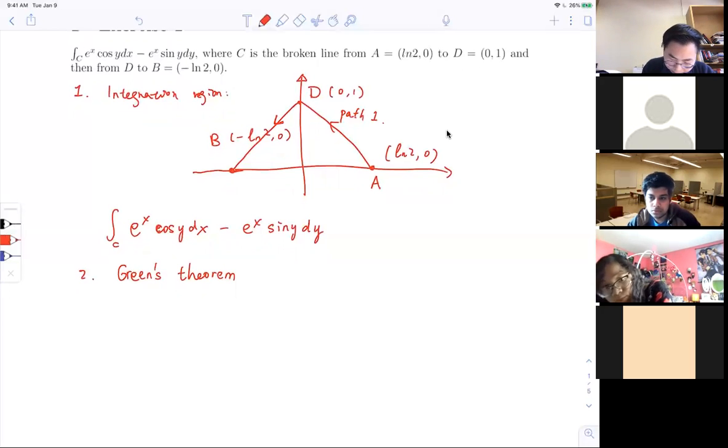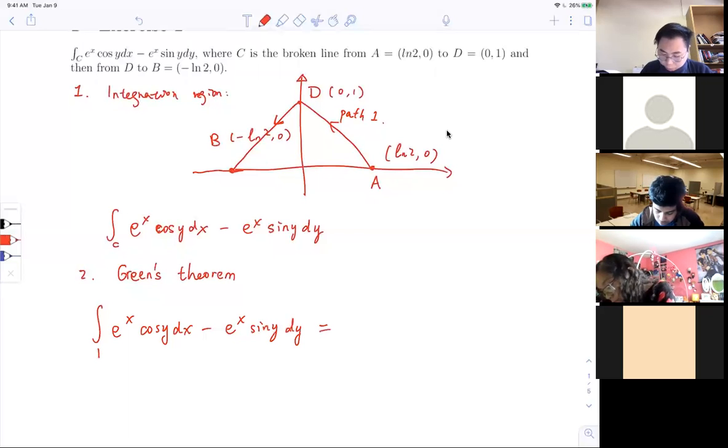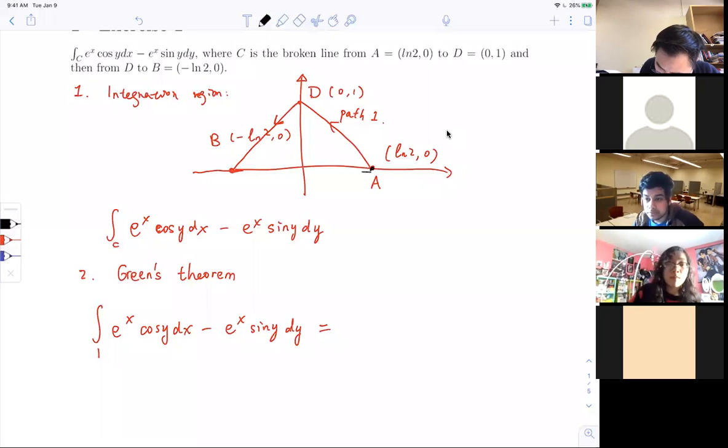So it's just path 1, cosine y dx minus e to the x sine y dy, equal to... we want to construct a closed loop, right? So to form a closed loop, let's choose another path from A directly to point B. Let's call this path 2.